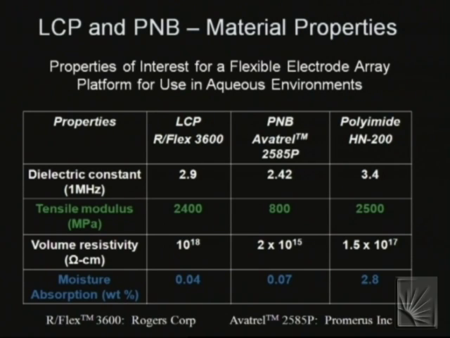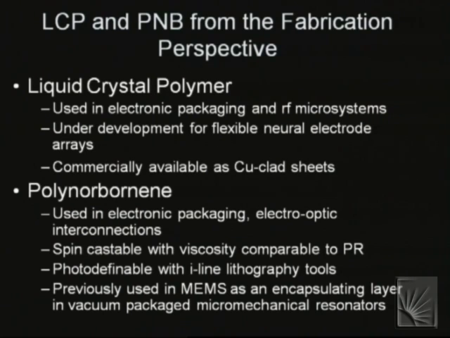This one may not be the best example to illustrate, but polyimides generally have a higher moisture absorption as a function of weight percent than the polynorbornenes and the liquid crystal polymers. Nevertheless, these moisture absorption rates are likely to be too high for a long-term implant anyhow, so we'll have to come up with a way to mitigate that.